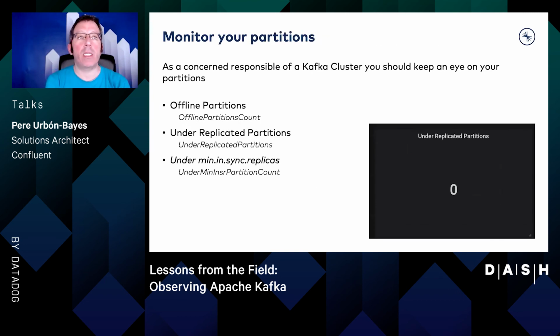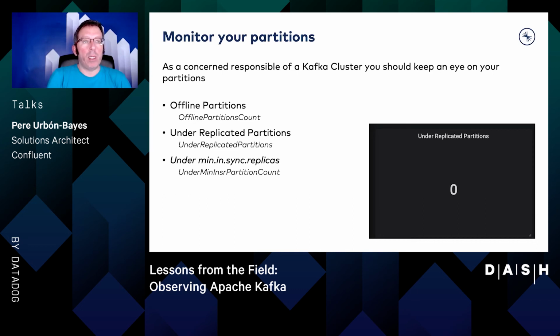Last but not least, we have to monitor the partitions. We have to monitor the availability of our data. This you do with the offline partition count, which tells you if there are, and how many, partitions that are not reachable at all. Under-replicated partitions, just remember this is a canary, but it's a very good canary.